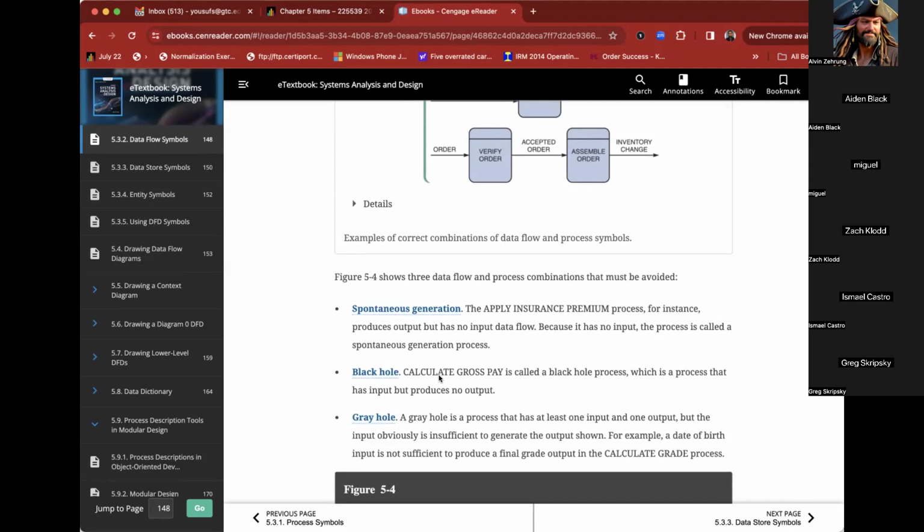For example, you have a process to generate car price, but you're taking an input as an address of the dealership, and what your output is the price of the car. There is an input, there is an output, but they're not related. What does the price of the car have to do with the address of the warehouse or of the dealership? So they're not related.